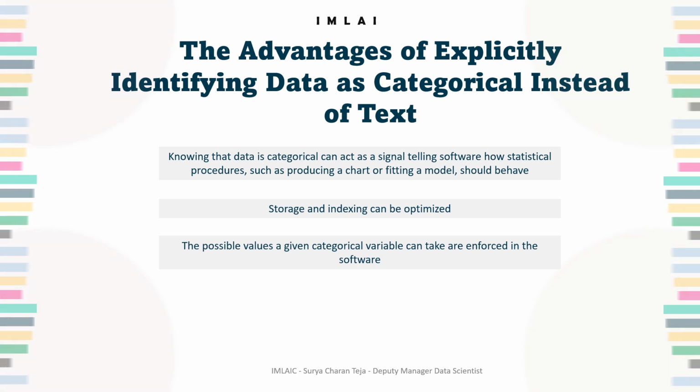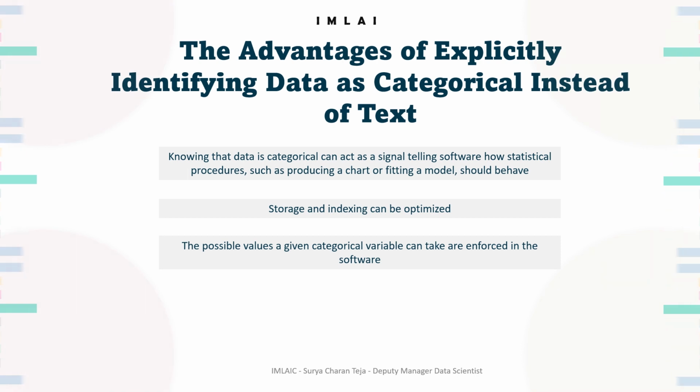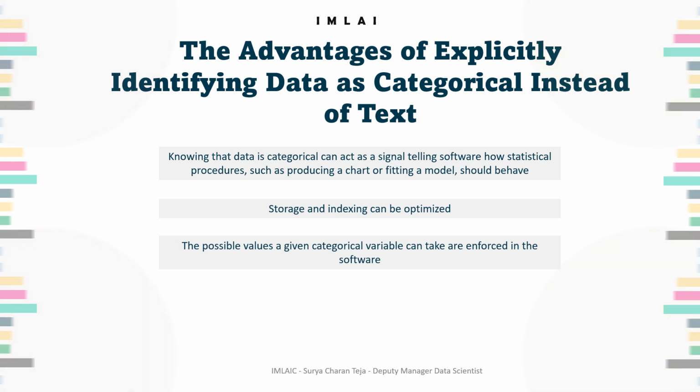The third one, data typing in software acts as a signal to the software on how to process the data. That's the reason data typing is very, very much important to learn before you start dealing with your algorithms.